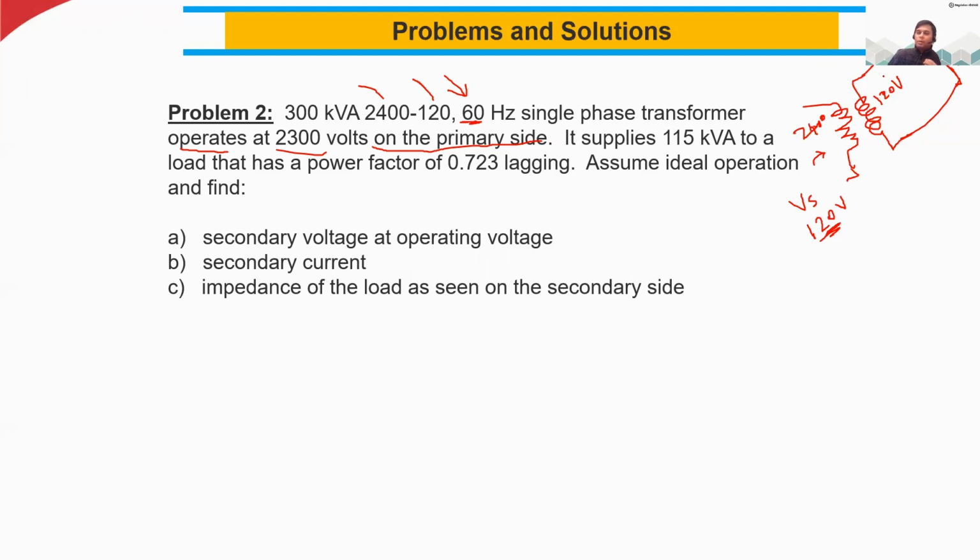We are applying this 120 volt and converting it into DC voltage. So now we can say the output delivered by the rectifier divided by the input supplied by this transformer.